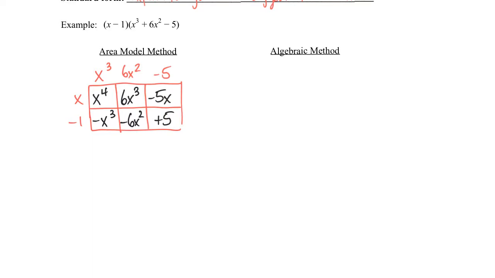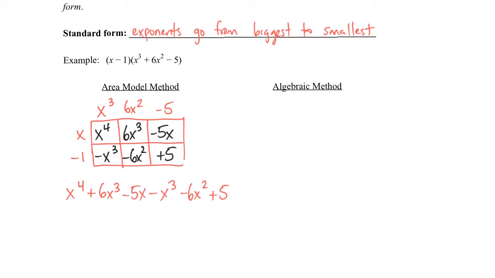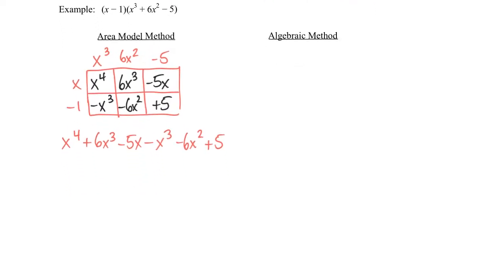Okay. Then, next step. Pull your pieces out of the area model and write it as one polynomial. So now I have x to the fourth plus 6x cubed minus 5x minus x to the third minus 6x squared plus 5. Okay, and now we're going to combine like terms. And since I know that I'm going to be answering in standard form, which means exponents biggest to smallest, when you're doing your like terms, start with the biggest exponent and then work your way down.